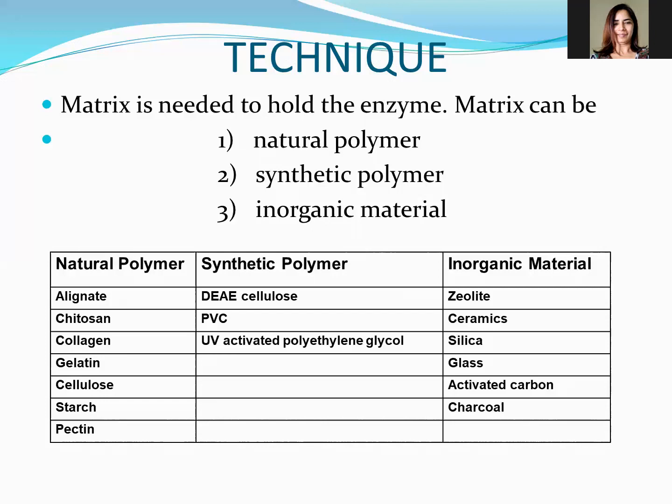Ceramics. Celite is a highly porous diatomaceous material. Silica is an oxide of silicon. Glass is a highly viscous liquid. Activated charcoal, and charcoal is an allotrope of carbon, which has excellent adsorption capacity.